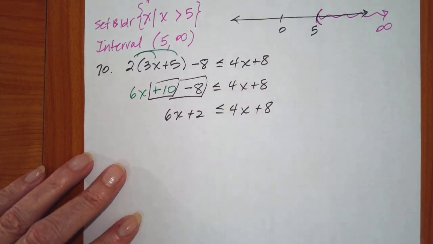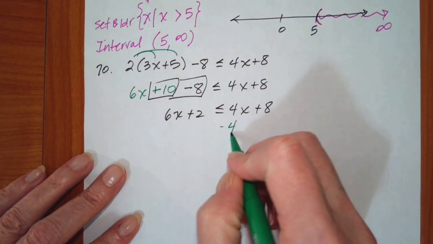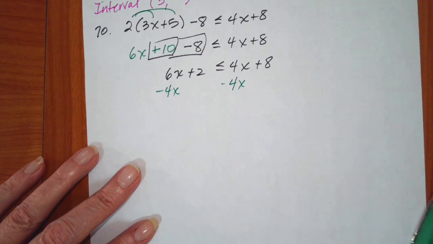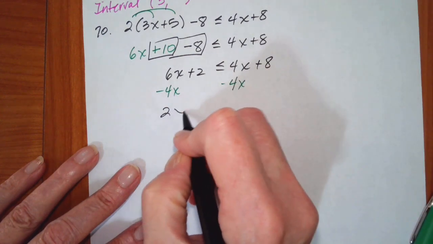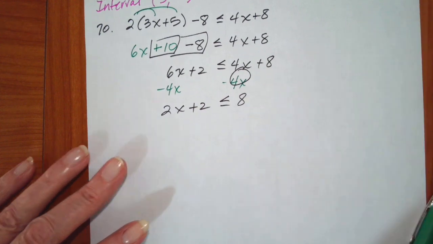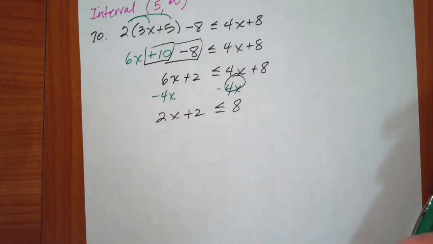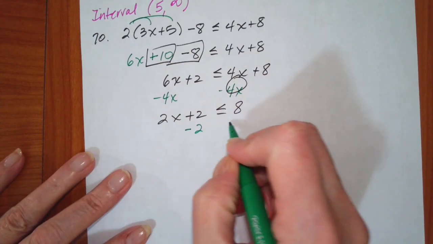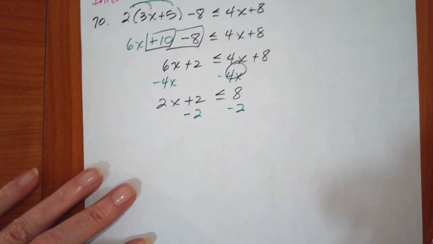I'm going to get all the variables on the left, so I'm going to subtract 4x from both sides. So that gives me 2x plus 2 is less than or equal to 8. Notice I haven't even thought about the inequality because I haven't done any multiplying or dividing yet. So here I will subtract 2 from both sides.